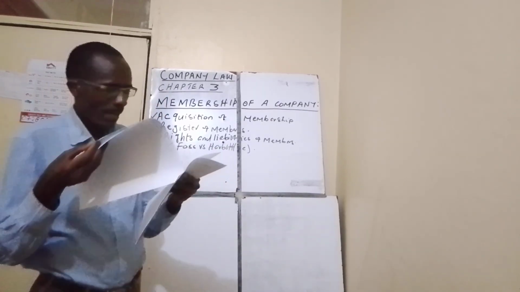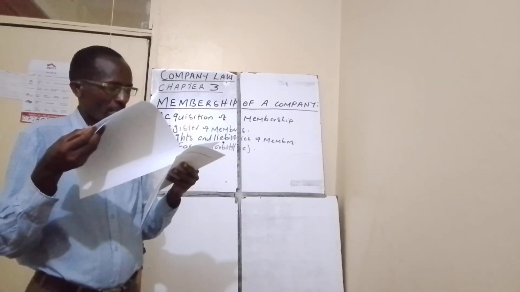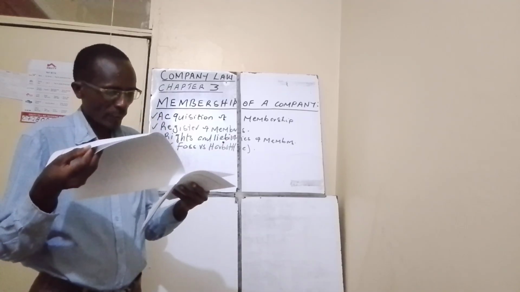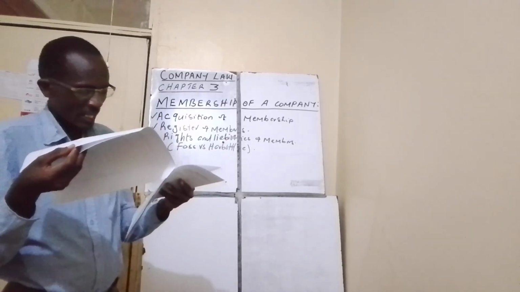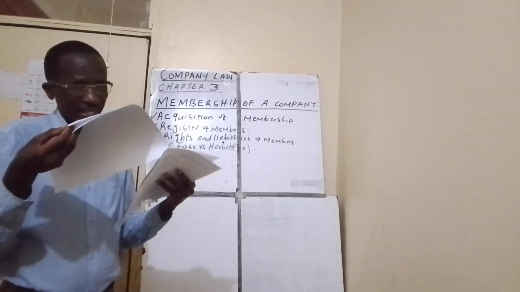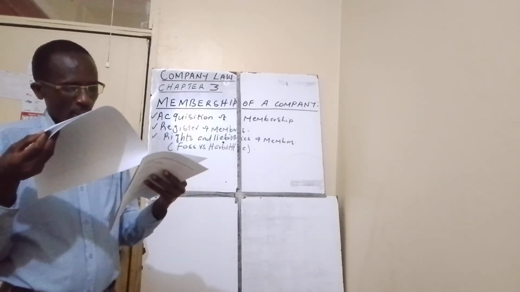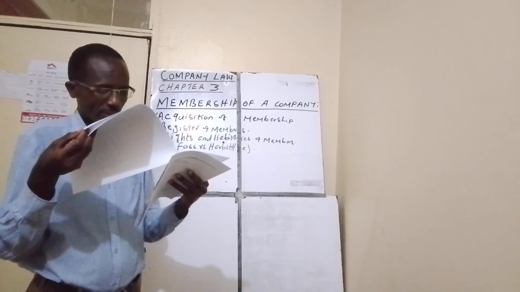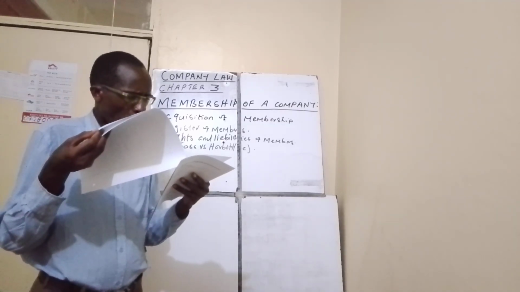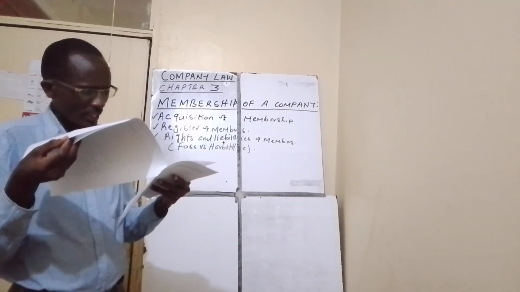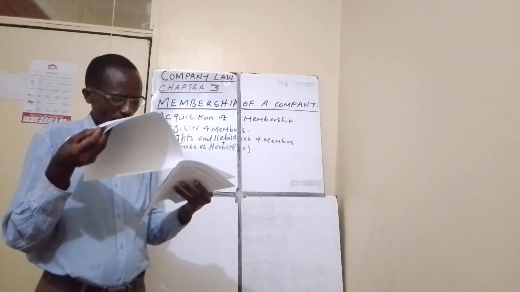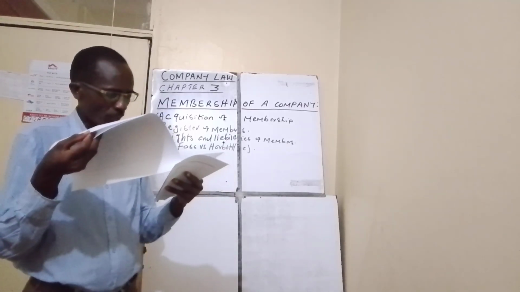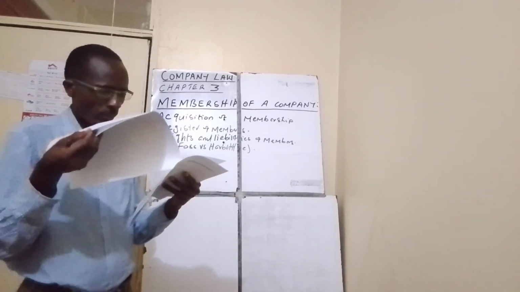Then last, number 8, winding up under the just and equitable grounds. Under section 219, subsection 1 of the Act, act here means a company act. A company may be wound up by the court if it's of the opinion that it's just and equitable that the company should be wound up.